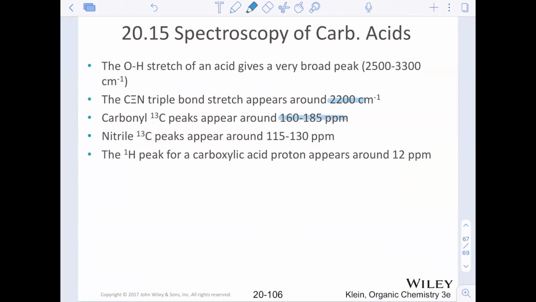So those carbonyl peaks can be identified with carbon-13 or even proton NMR as well, right? Proton NMR, the carbonyl of a carboxylic acid is easier to see. Nitrile carbon-13, just remember it is an sp hybridized carbon, so it appears in the middle, right around 115 to 130.